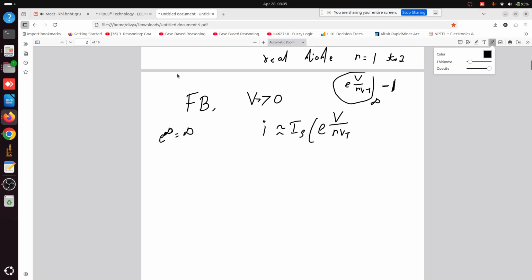If you have infinity and you subtract 1, it's not going to make a big change. It's again infinity only. That's why we are just taking the minus 1 out of the main equation. So for forward bias, the current equation is I equals IS e power V by N VT. Did you understand? If you have any doubts, I can explain again.